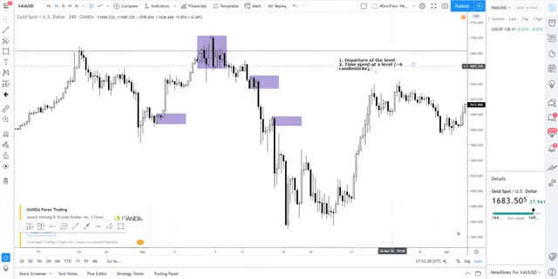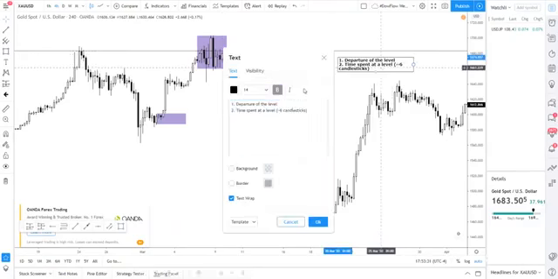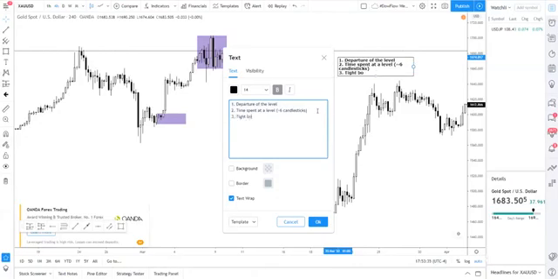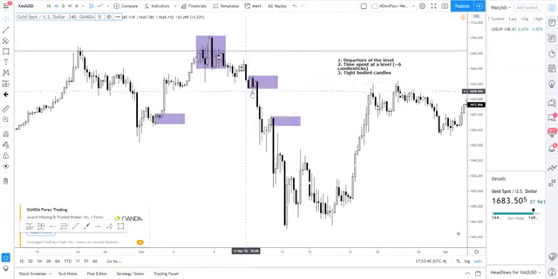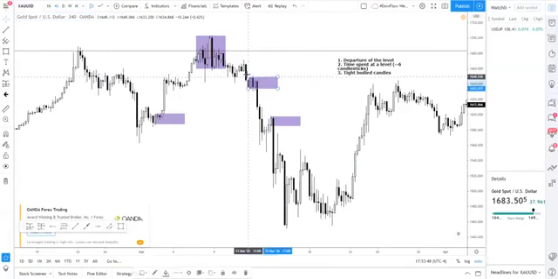One more thing to note is the other factor that we also look at: you want tight bodied candles. Basically it means you want a tight range. If you look over here, you realize that the candles are relatively small. The whole range of this consolidation is rather small and tight, very compact versus this here.